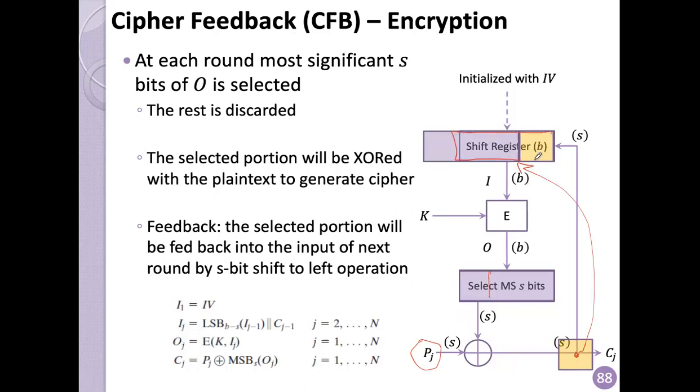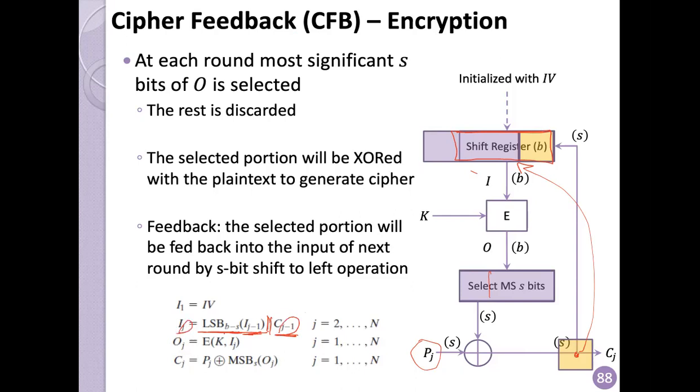This is going to be the input for the next round: the least significant portion of the previous input, the least B minus S bits of the previous input, concatenated with the cipher of the previous block. The concatenation operator means that it puts the strings together. So that's why we say there is a feedback here from block J minus 1 to block J.